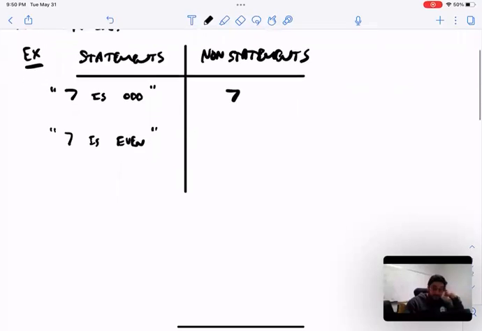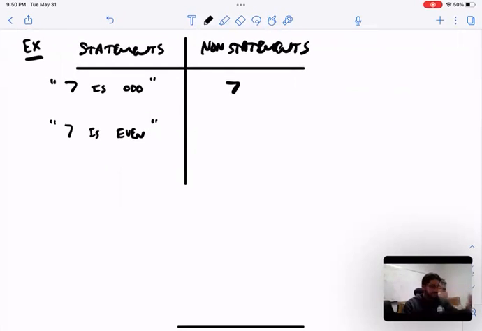Those are some mathematical statements and non-statements, but you can also have them in any language. It doesn't have to be in mathematics. So you could say something like, for example, the big car. That is not a statement. I'm not making any claim.